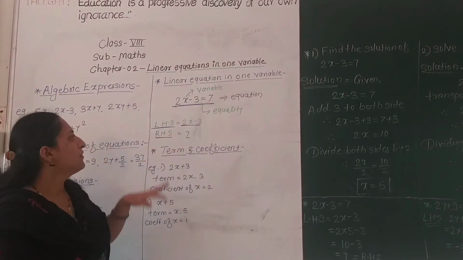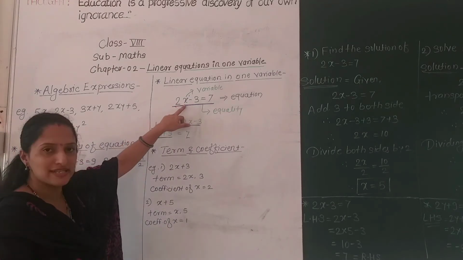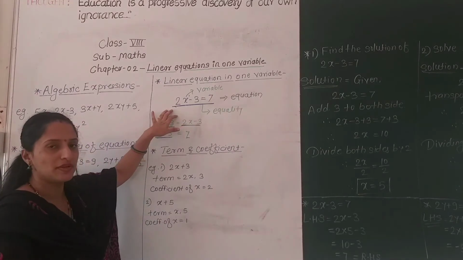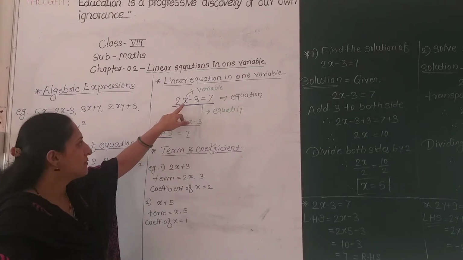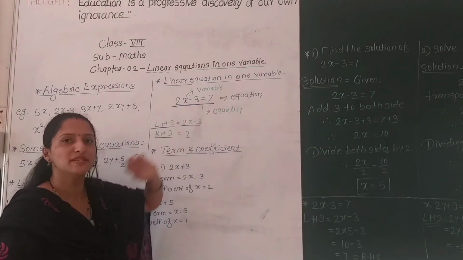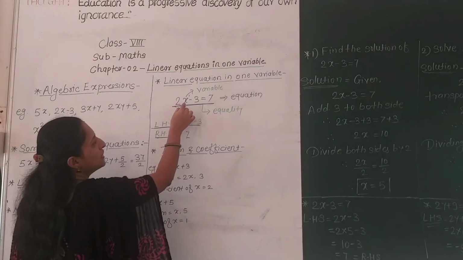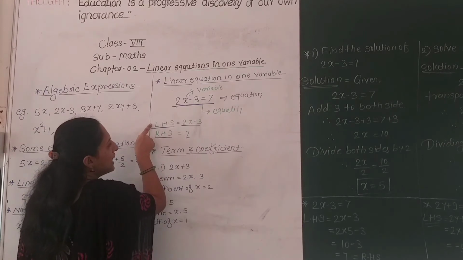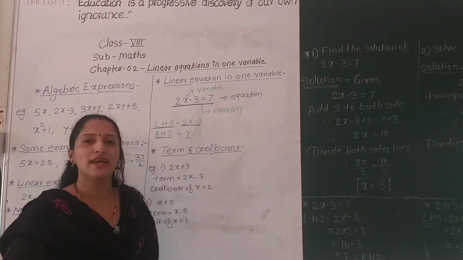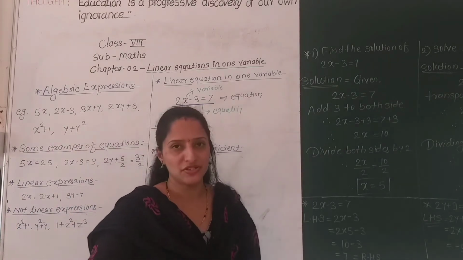Okay, so when we substitute some values of x here, if that value satisfies this equation, means what? If I substitute value of x here, then I get LHS is equal to RHS. Then these values are called solutions of the equation.